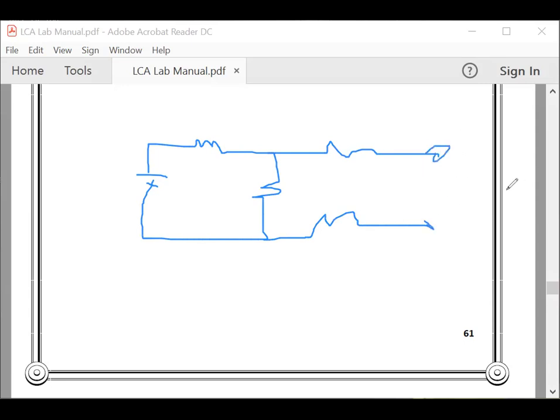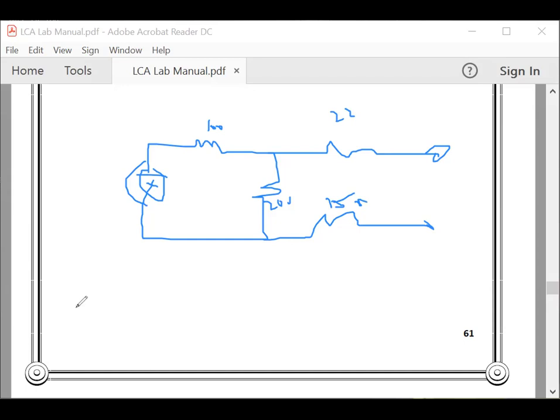We remove for RTH, we remove the battery and short circuit this leg to this leg, and this is 100 as in the circuit, this is 200, this is 22, and this is 15 ohm. These are resistances in ohm.